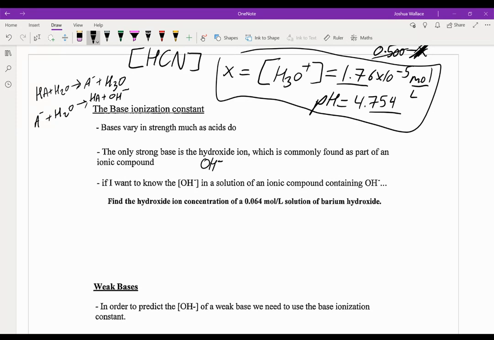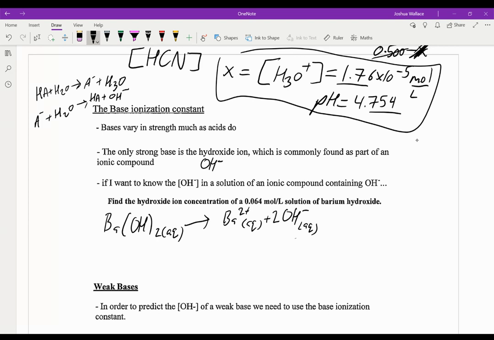So to find the hydroxide ion concentration of a 0.064 moles per liter solution of barium hydroxide, we begin with barium hydroxide, Ba(OH)2 aqueous, which is going to dissociate into Ba2+ aqueous plus OH minus, also aqueous. To balance this out, I have two hydroxides here, so I need two hydroxides here.